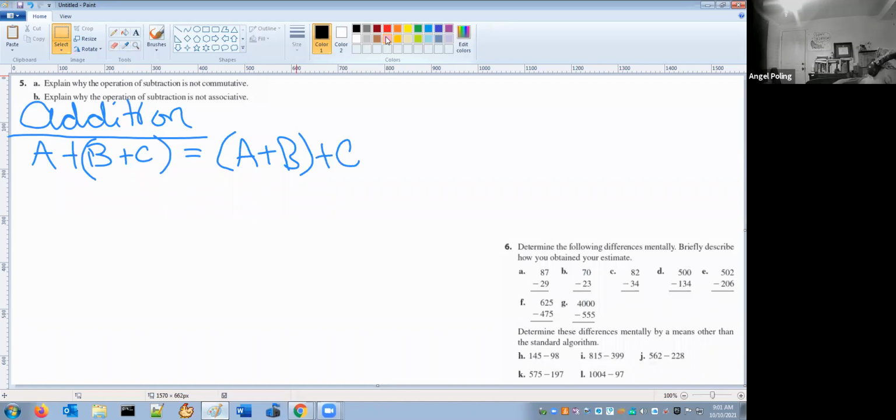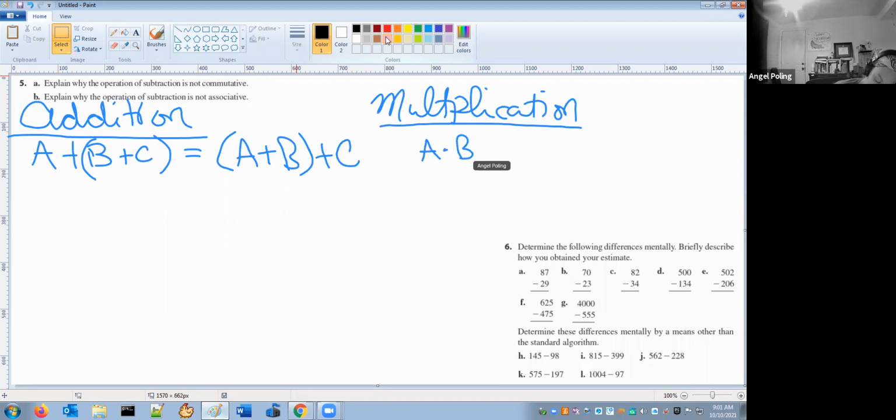In multiplication, we have that A times B times C. So if we did A times B and then multiply it times C, that would have the same value as A times the product of B times C, right?